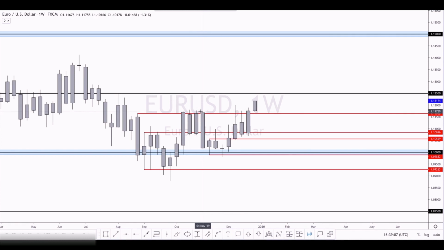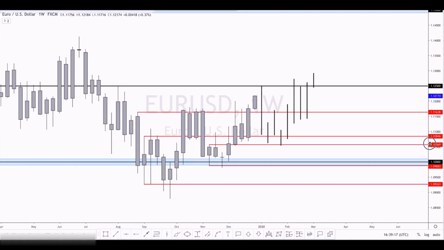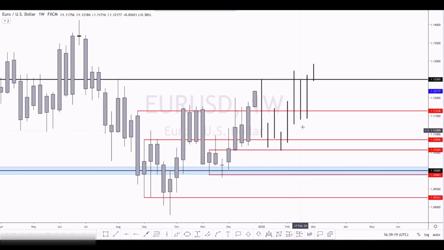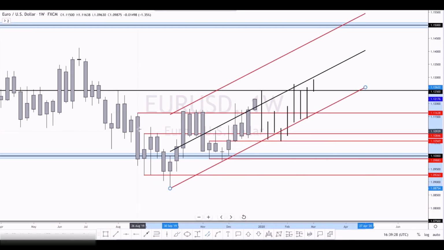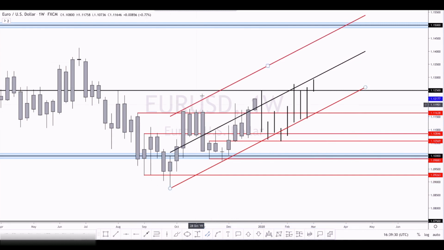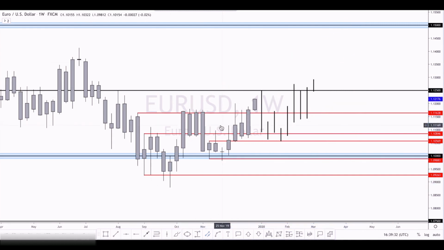So we might see, for example, price get up to that 1.125, pull back down into this 1.10569, and then create another pullback up. In that time, this is what is creating what we call that bullish channel, with the higher highs, higher lows, which again, like I said, we'll get into later on.